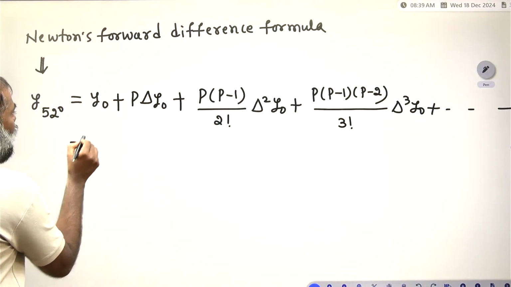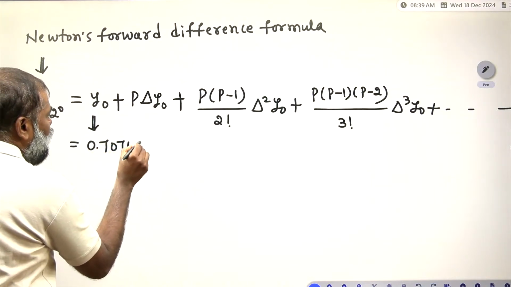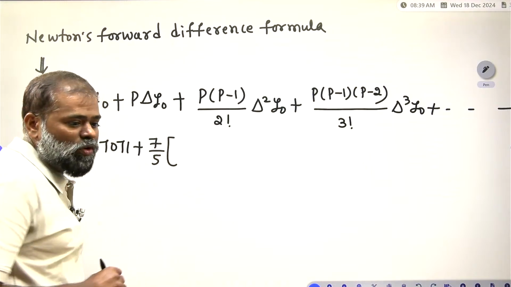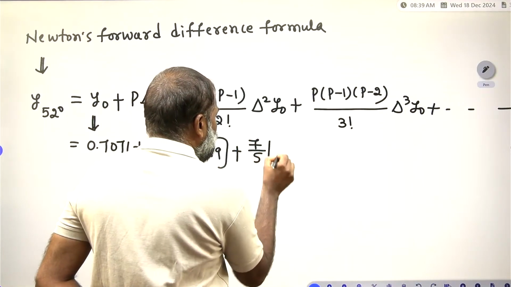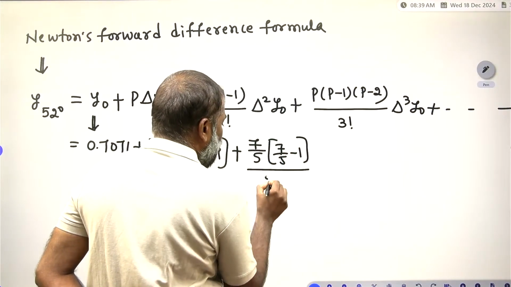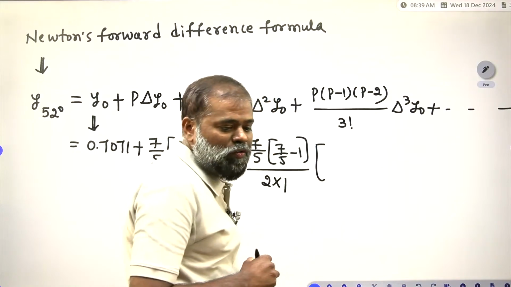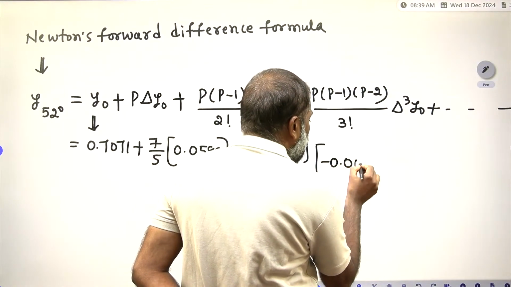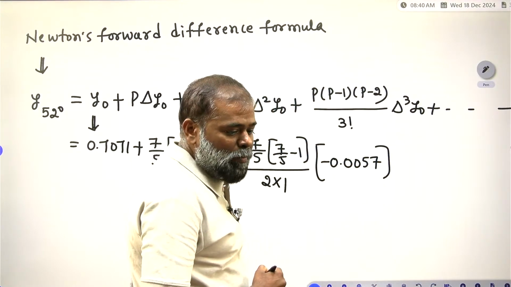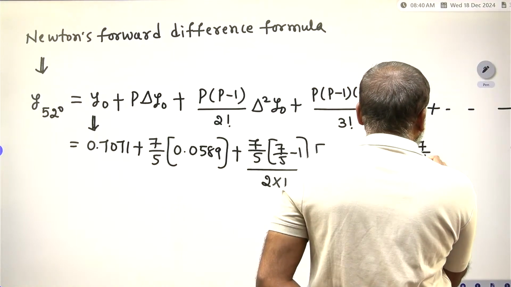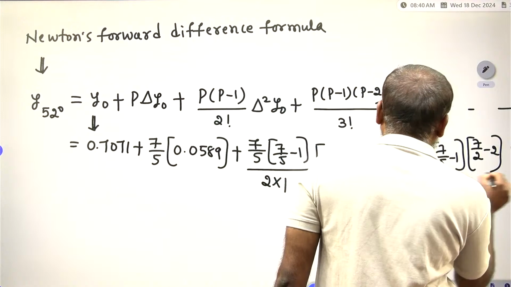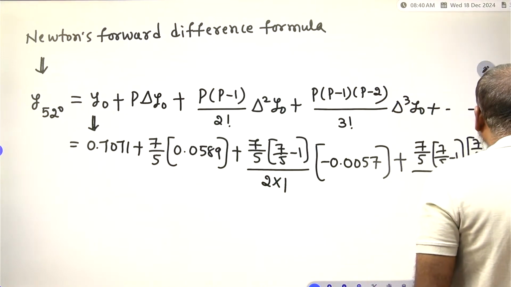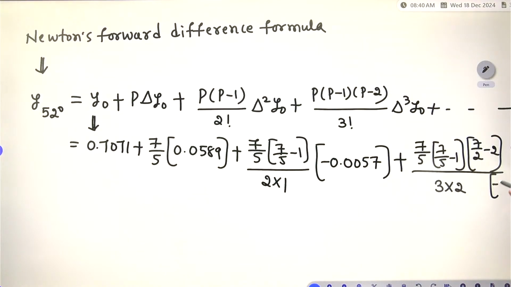Now just substitute. y0 is 0.7071, p is equal to 7 by 5, delta y0 is 0.0589, then 7 by 5 into (7 by 5 minus 1) divided by 2 factorial, which is 2 into 1, delta square y0 is minus 0.0057 from the table, then 7 by 5 into (7 by 5 minus 1) into (7 by 5 minus 2) divided by 3 factorial, which is 3 into 2, delta cube y0 is minus 0.0007.